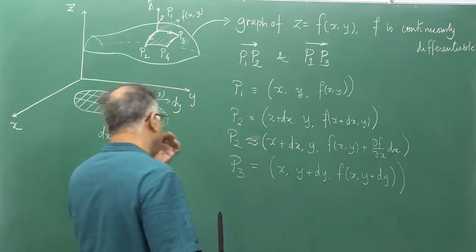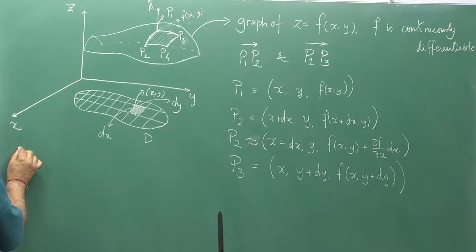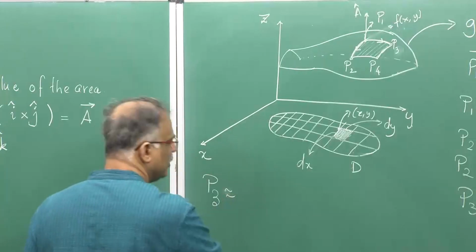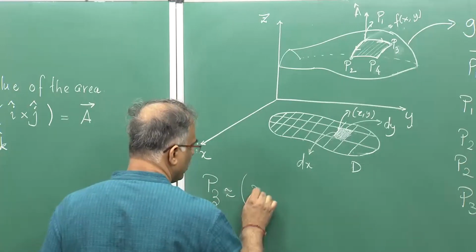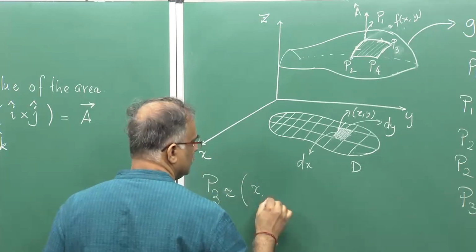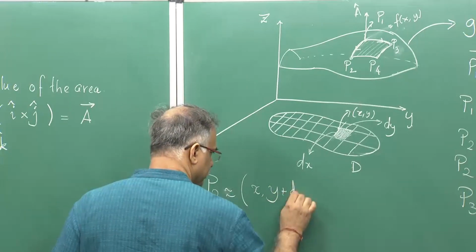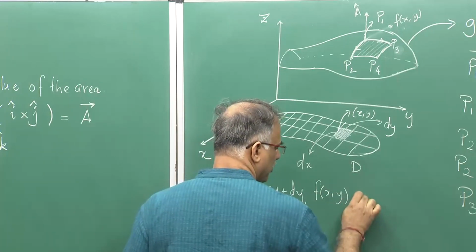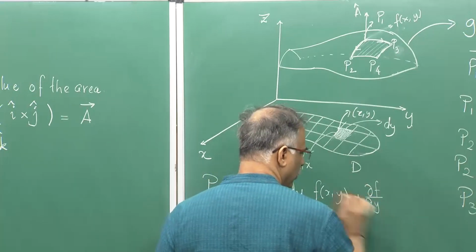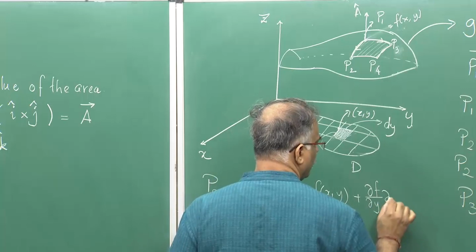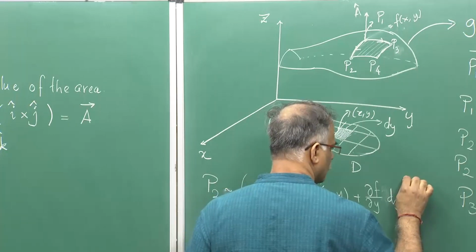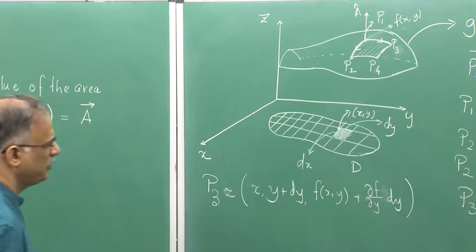In the same way, knowing that dy is very small, my P3 can now be written as, if you want to be more precise, I will say approximated as, but it is a very good approximation, I will use that itself, as x, y plus dy, f of x y plus del f del y into dy. That is what P3 is.